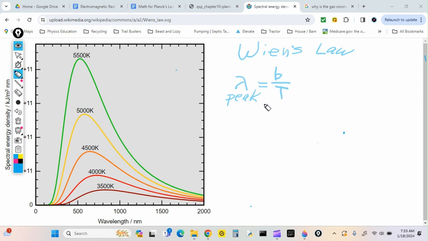Now, let's examine this a little bit and see what happens. As temperature increases, the peak wavelength will decrease, and that means the frequency is higher for those things. That's all that Wien's law did.